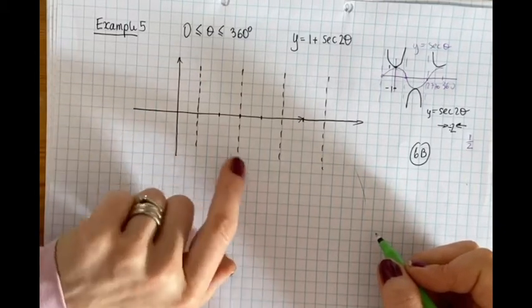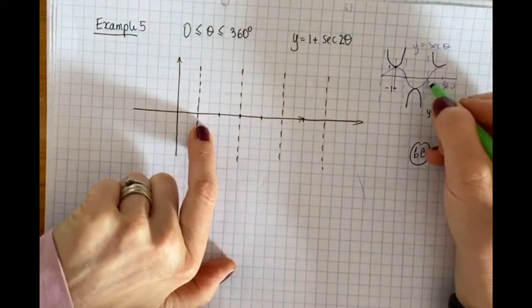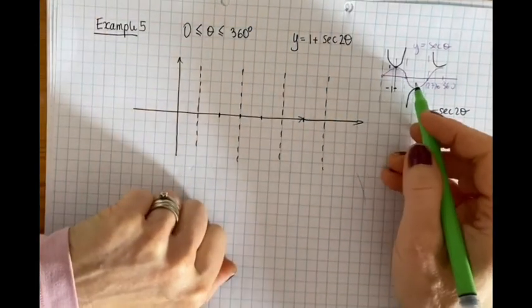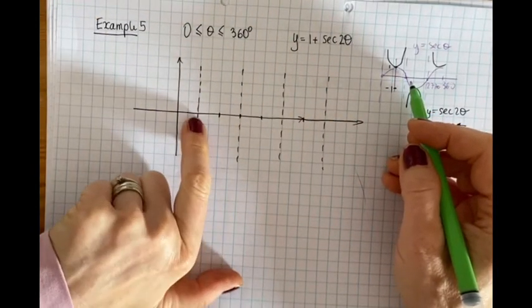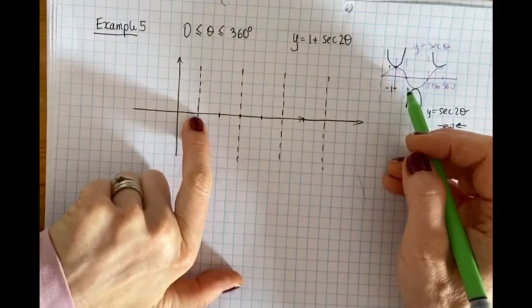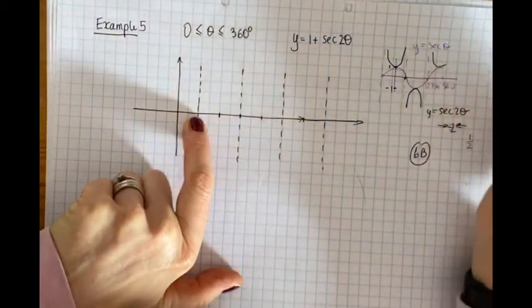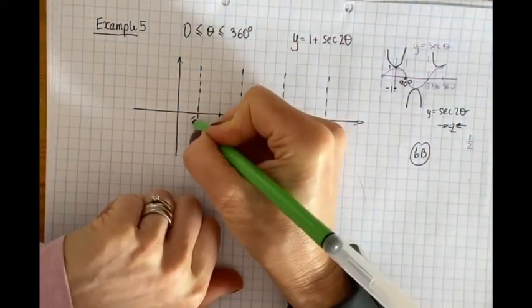So this will become the last asymptote. The first asymptote was at 90 over here. Now it's going to be at 45.